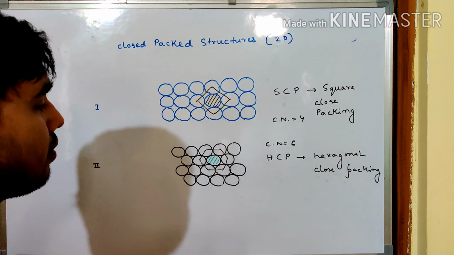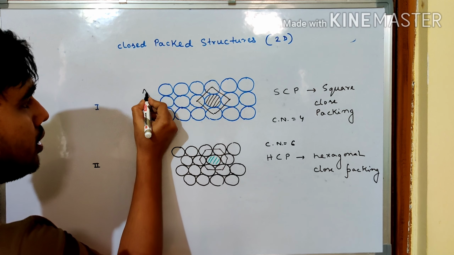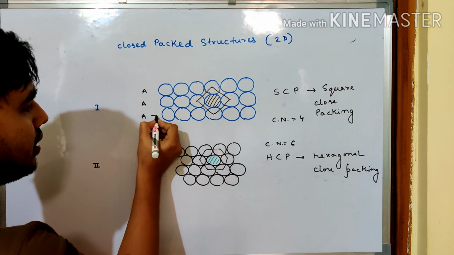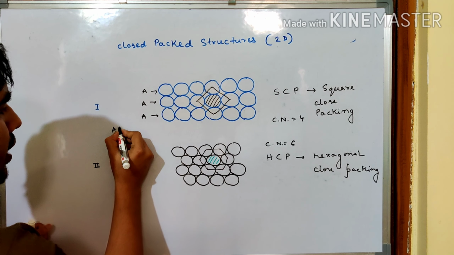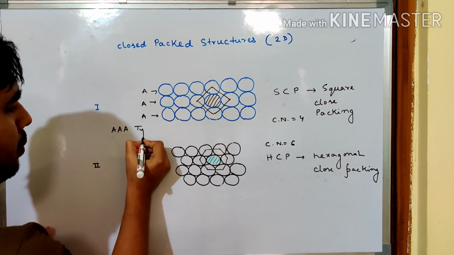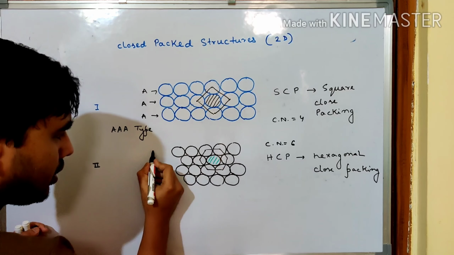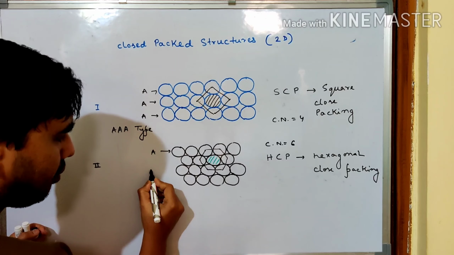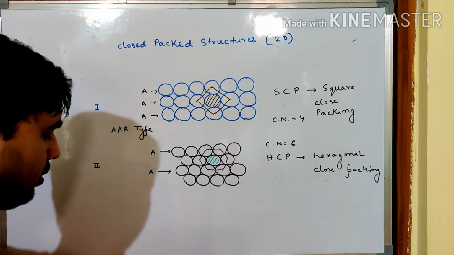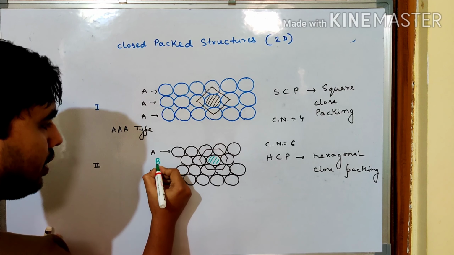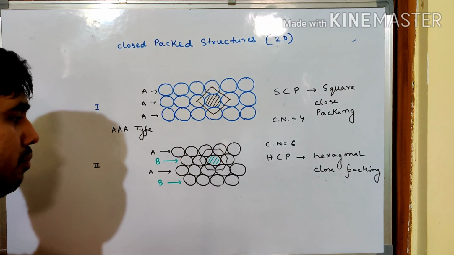One more thing interestingly, you can see here all the layers are the same. It is A, and it is A. All the layers are of the same type, so it is called AAA type. Here if you see, this layer is the same as this layer, whereas this layer is definitely the other type.